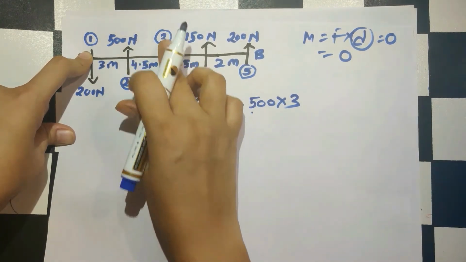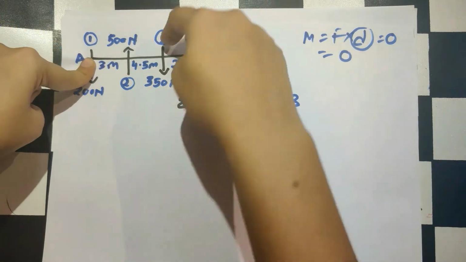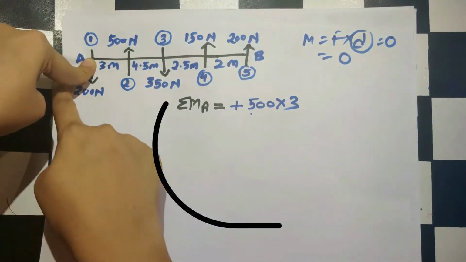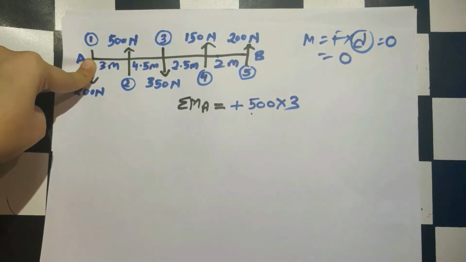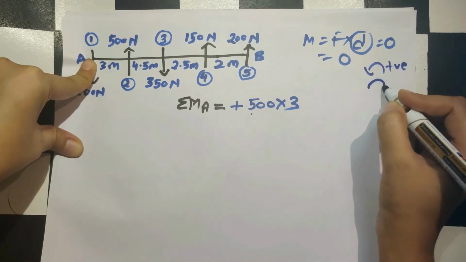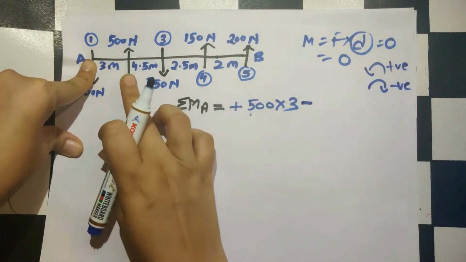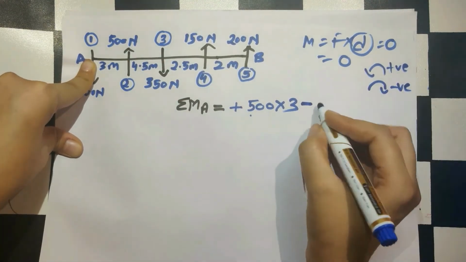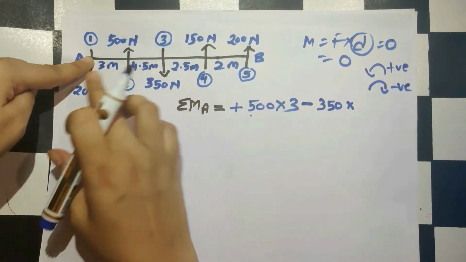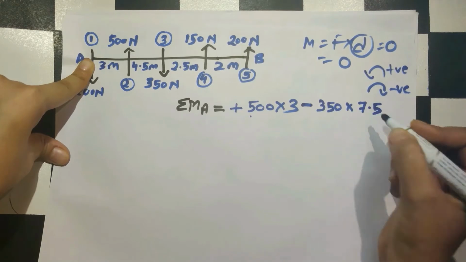Now for the next force, how much is it? Again you keep your finger at this point A, and in the direction of the force bring it to that point. It is going clockwise. Now I told you for anti-clockwise we are taking positive, for clockwise we will take negative, so it will come as negative. How much is the force? 350, and the distance from this force till point A, how much is it? 7.5.